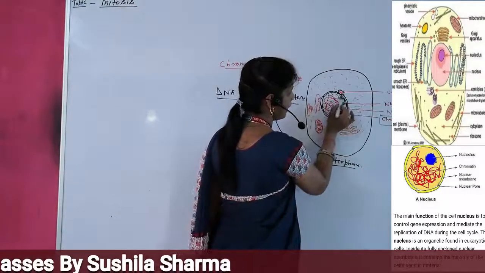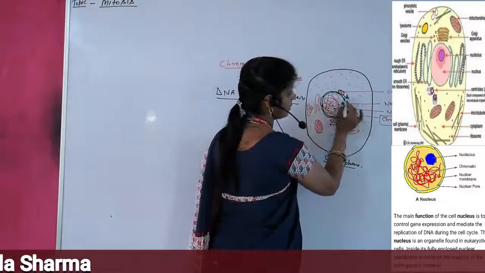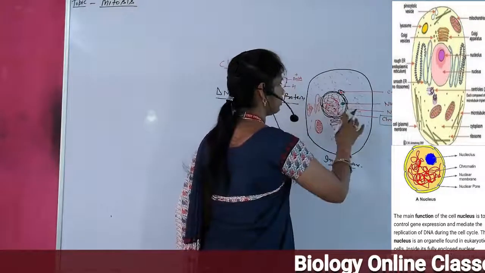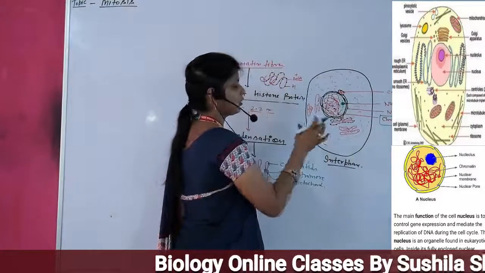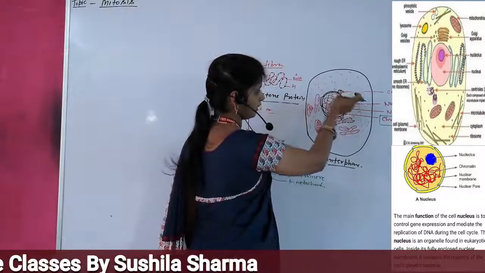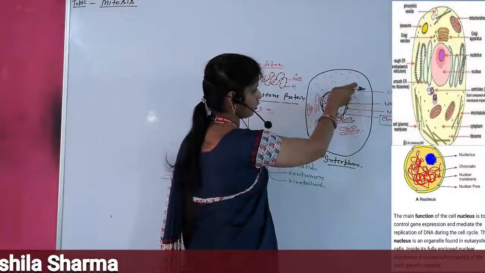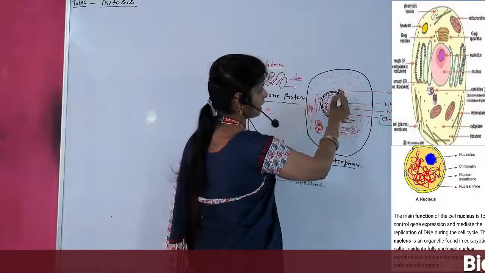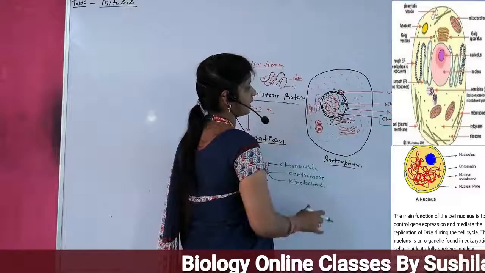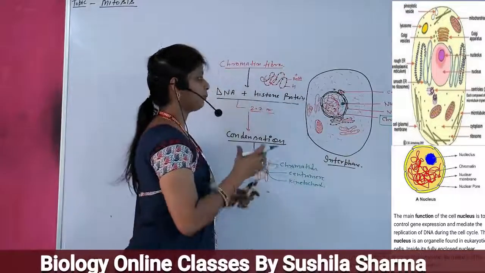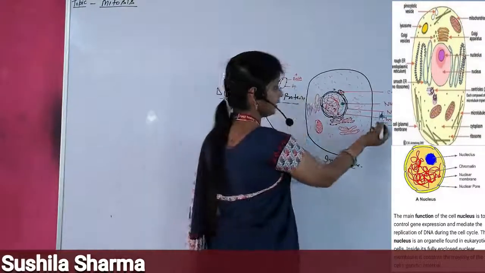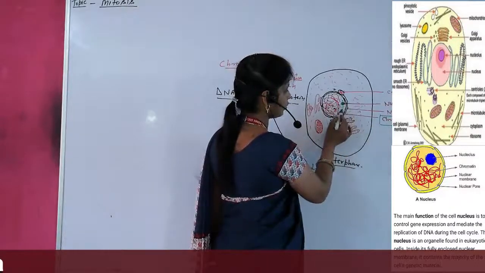Outside the nuclear membrane, a spherical structure known as the centriole is present, and the centriole plays a very important role during mitosis division. During mitosis each centriole separates from the other and reaches the two poles of the nucleus, and after that they take part in the movement of chromosomes.